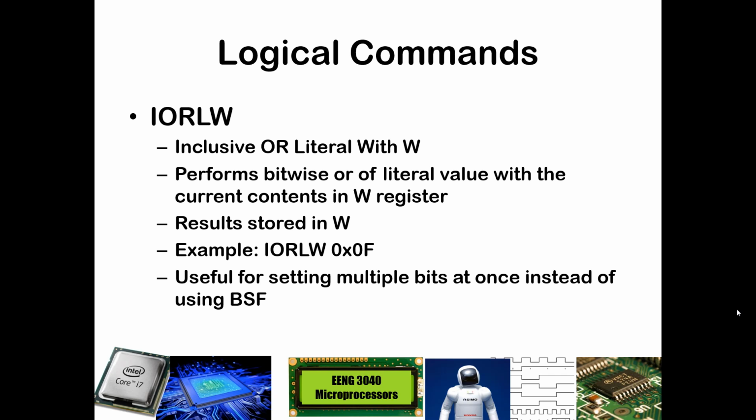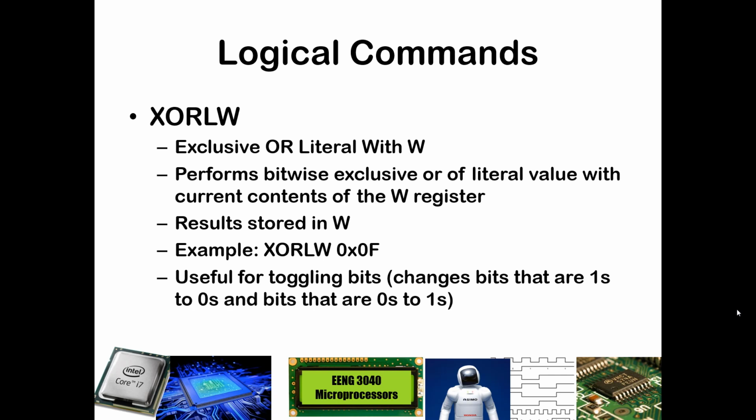So if you wanted to set several bits, rather than doing bit set F, bit set F, bit set F, any of the places where you put a 1 in the literal value will be set in those particular bits in the W register. So if you did IORLW 0x0F, that would set all of the lower 4 bits while maintaining what was in the upper 4 bits of W.